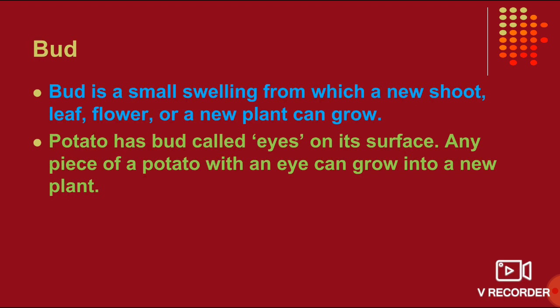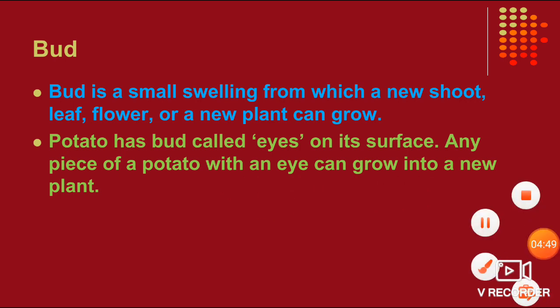Before discussing that, we need to see what a bud is. A bud is a small swelling from which a new shoot, leaf, flower or a new plant can grow. Potato has buds called eyes on its surface, and any piece of potato with an eye can grow into a new plant.